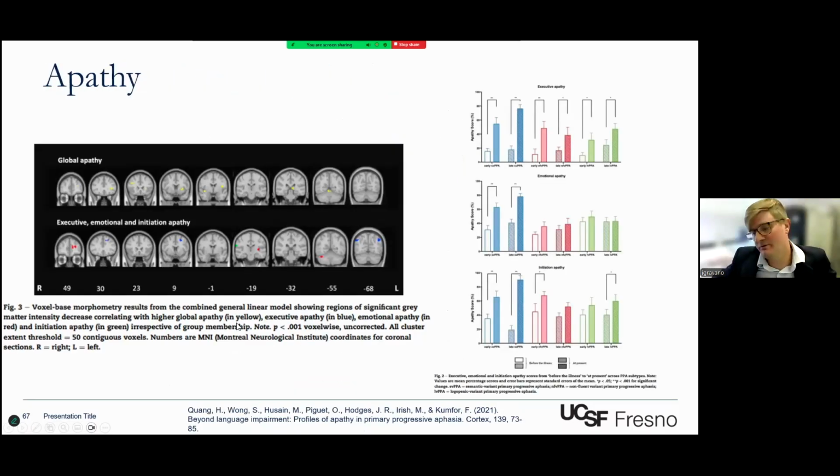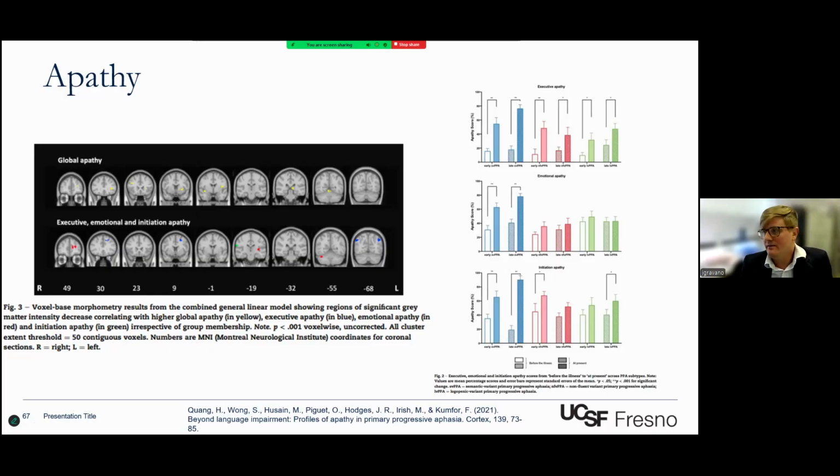Similarly, researchers have attempted to decompose complex phenomena like apathy, looking at cognitive, executive, and emotional aspects of apathy, mirroring what I think has been done in other subcortical disorders like Parkinson's and so on. So the idea of this paper was to try and see, is there a difference between these syndromes in their apathy and the regions of interest in neuropathic change that underlie them.